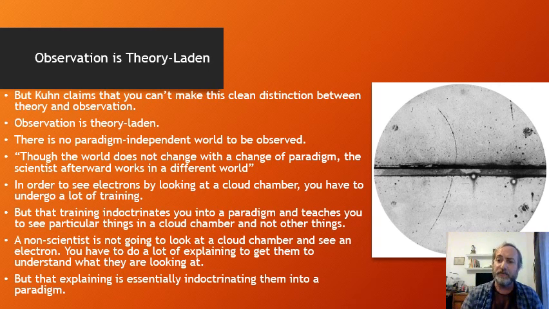If that's what Kuhn means, then sure, science is so specialized and developed that in order to really observe things in the way that counts as a good observation in your particular discipline, you do undergo a good deal of indoctrination to see what you're supposed to see. So to that extent, observation could be said to be theory-laden, and that could be a problem for a logical empiricist move out of this issue of the incommensurability of different paradigms.